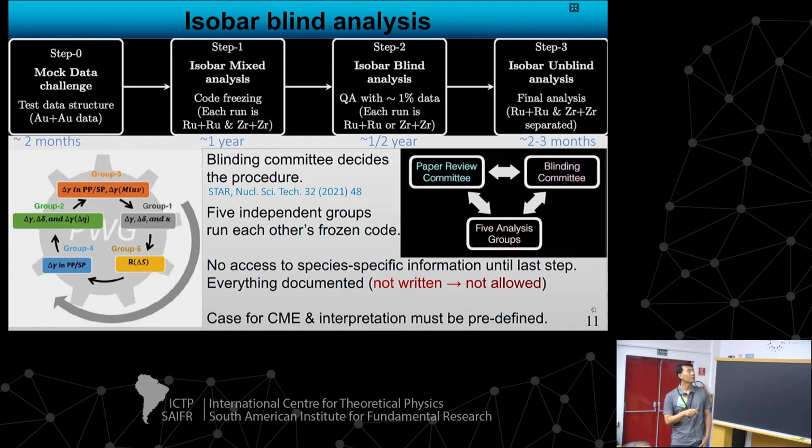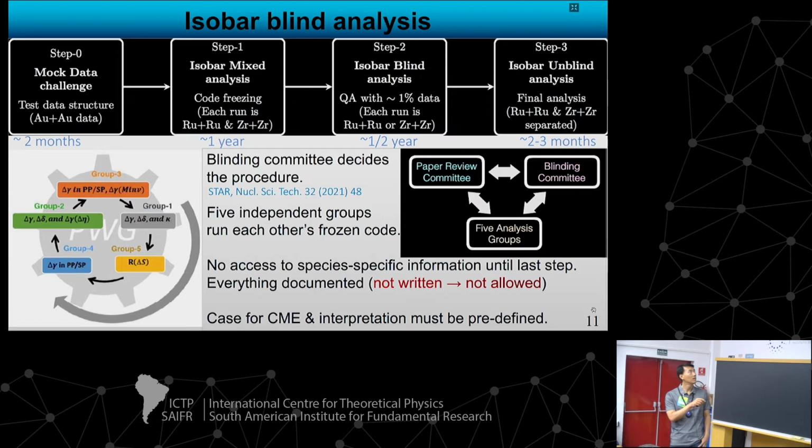Then in the blind analysis, we start to do the QA of the data with 1% of each of the isobars without knowing which is which. This QA procedure took half a year. Then in the end, after we run all the analysis, we unblind the data.